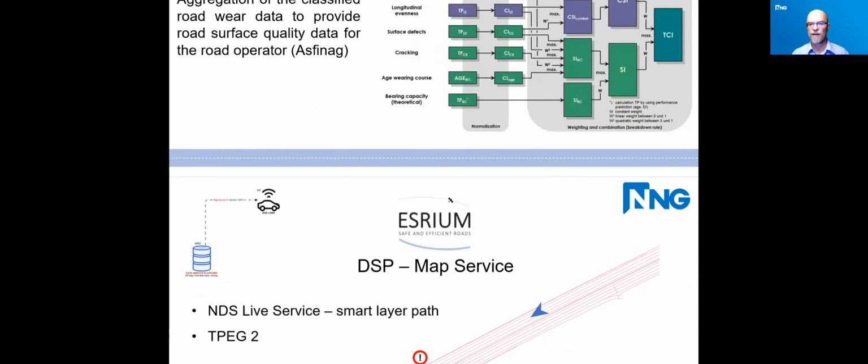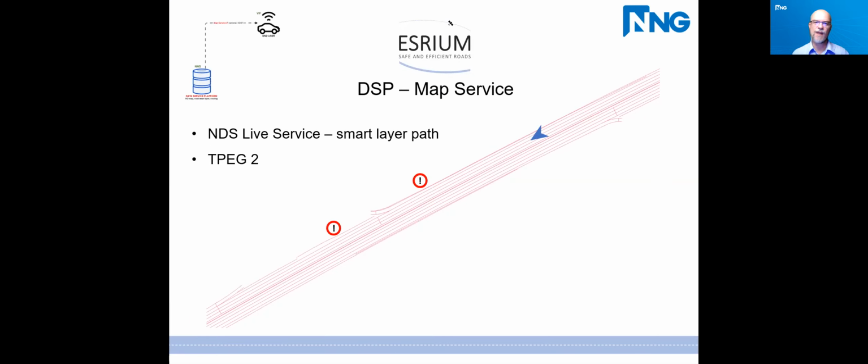The next interesting element, an optional interface actually in Esrium, is the map service. Map service is a kind of in-vehicle navigation support, where we are providing the map data, static and dynamic data, into the vehicle.